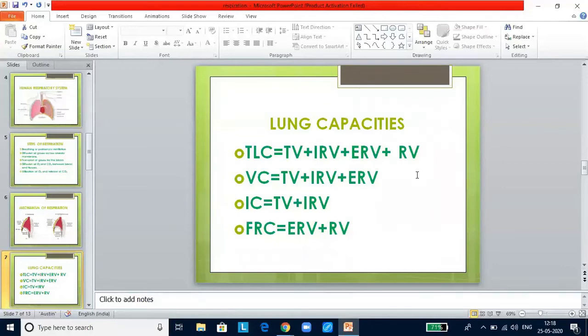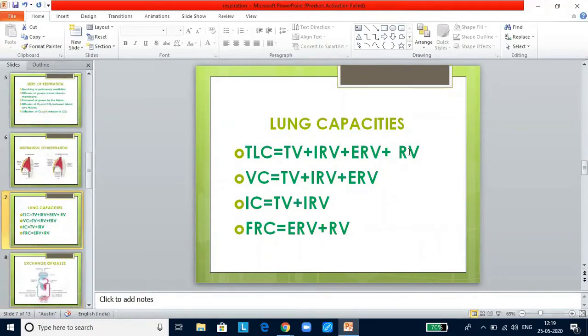TLC is total lung capacity, VC is vital capacity, IC is inspiratory capacity, and FRC is functional residual capacity. Please make a note of this. This is very important, and also the values. The values are already there in the PDF.